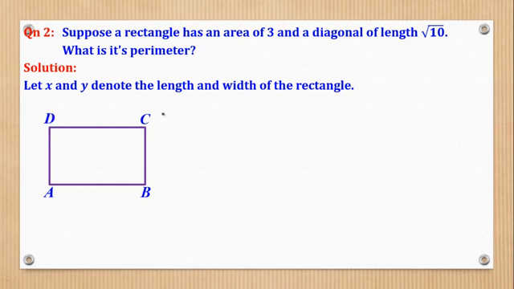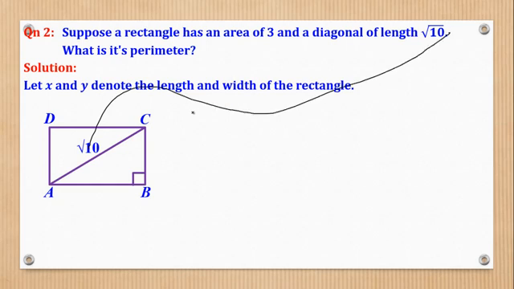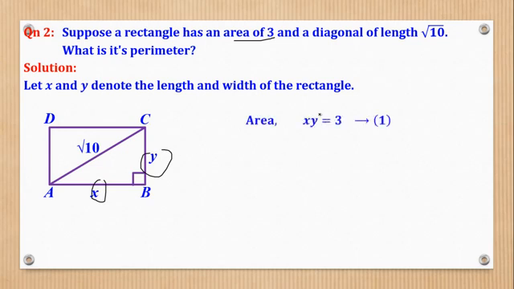So we come and get the rectangle ABCD, then the diagonal, it was root 10, then x and y are the length and width. So the good thing, this is the right angle triangle. And also they told us area is 3. So area is length times width. Therefore, x times y is equal to 3.